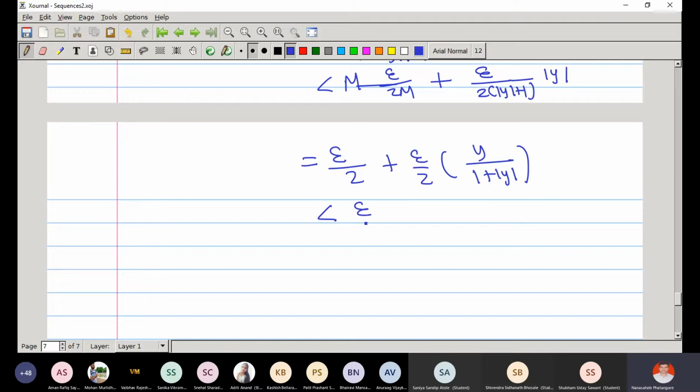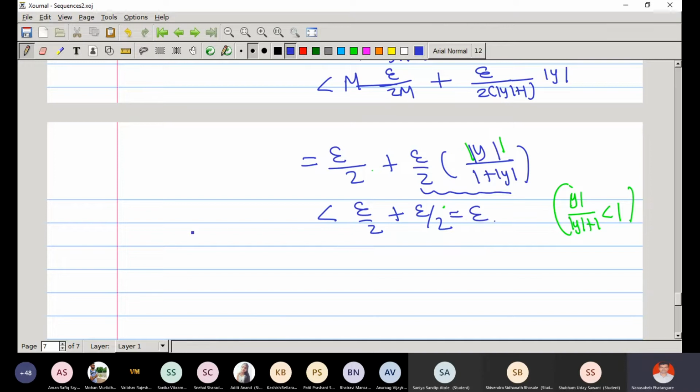Right, but epsilon by 2 plus, can I say that this term is less than epsilon by 2? Yes, sir. Because absolute value of y upon absolute value of y plus 1 is less than 1, and therefore I am replacing this bracket by 1, so this is less than or equal to epsilon.